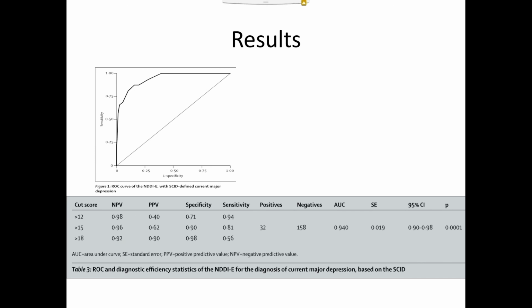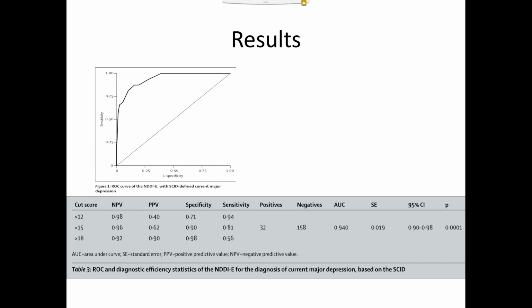So in a screening test, you want to be able to efficiently eliminate the people who you don't need to have additional testing. And so what you want to come up with is a test and a cutoff value that has a fairly high negative predictive value, meaning that if you score below that value, you're unlikely to have the disease, and we don't have to worry about you anymore.